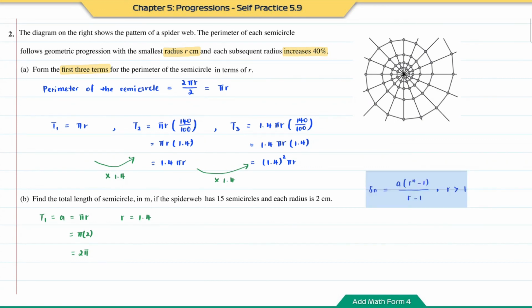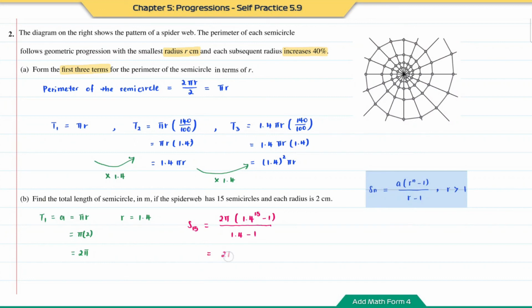So we can refer to this formula to find S15 as the R here is greater than 1. So S15 is equal to A, which is 2 pi, times (1.4 to the power of 15 minus 1) over 1.4 minus 1. Solve this using your calculator.